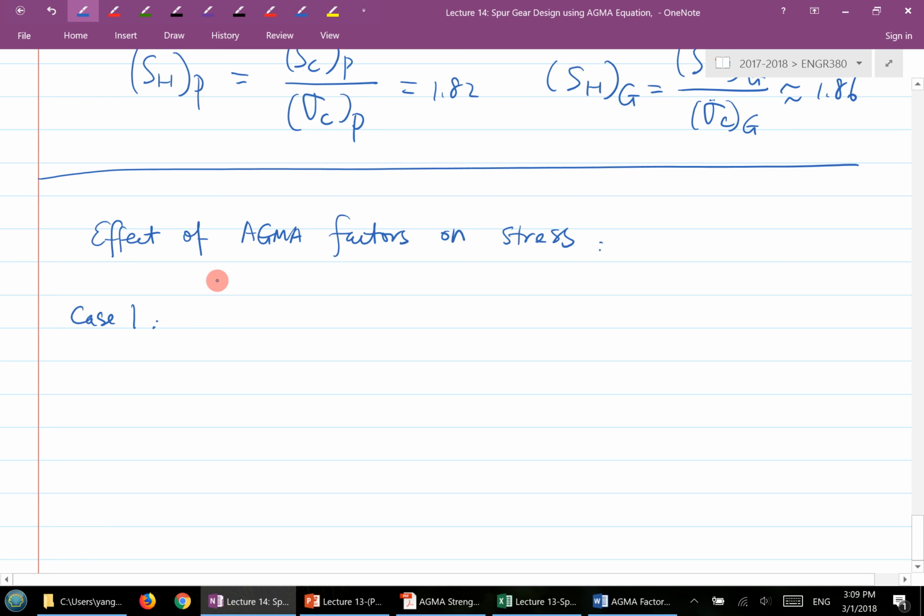In the first one, I'm going to assume in this scenario, you have the number of teeth for the pinion, and then the number of teeth for the gear. Now we're going to keep them constant. So we're not going to change the number of gear teeth and pinion teeth.